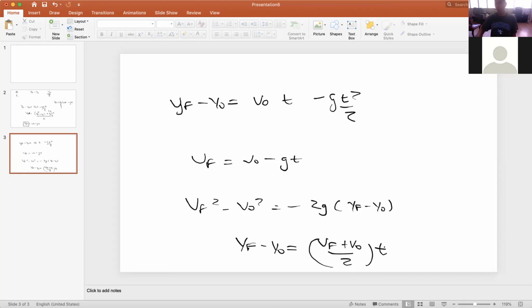Remember, these are actually v naught sine theta. But you can't use this one because you don't know v final, and you can't use this one because you don't know v final. So I think the only way you're going to find it is that top equation, Hamid. Okay, that makes sense. Yes.